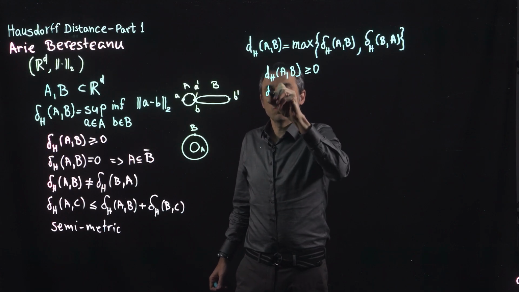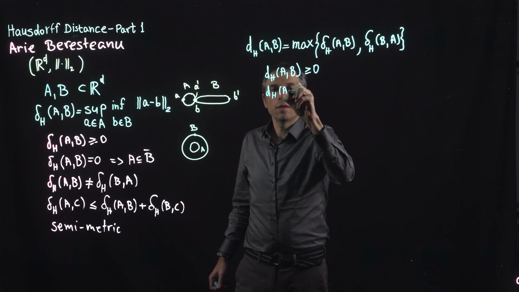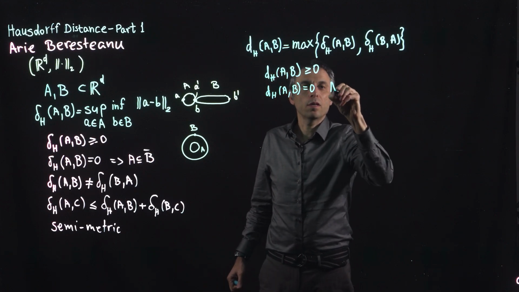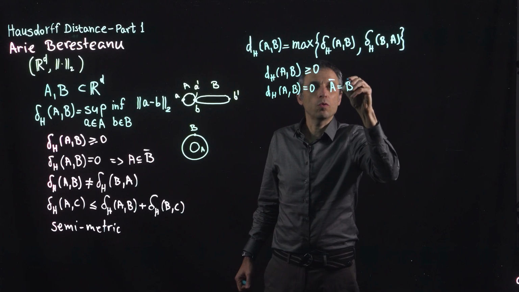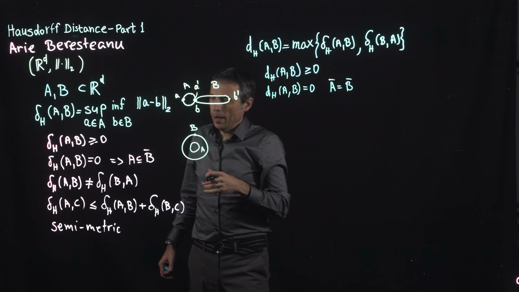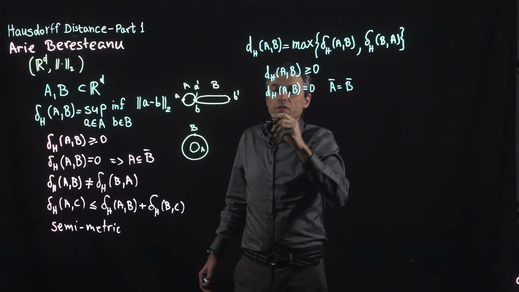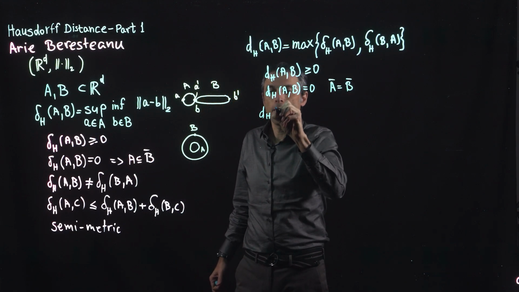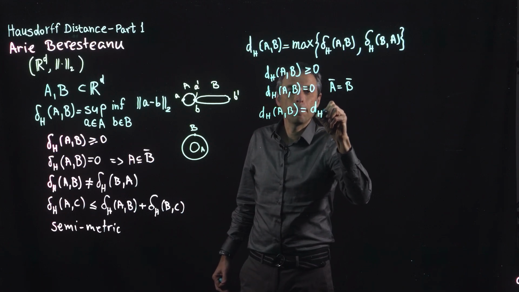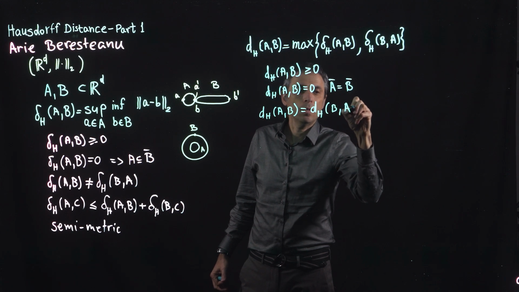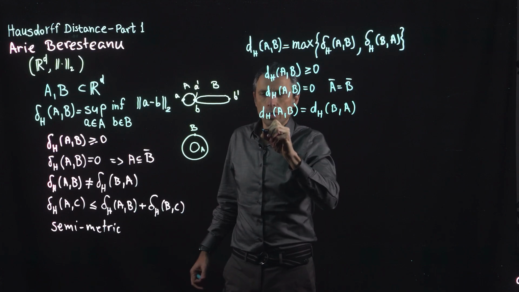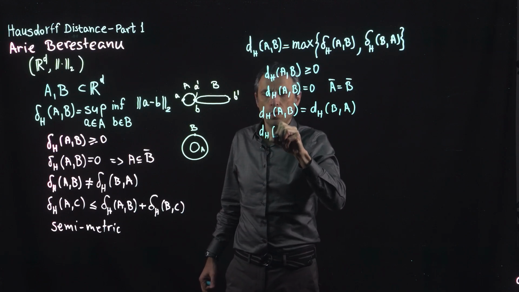It also is true that if D_h of A, B is equal exactly to 0, then the closure of A is equal to the closure of B. And if they are both closed sets, they are equal to each other. Symmetry, by definition, is going to work here, and the triangle inequality is working as well.